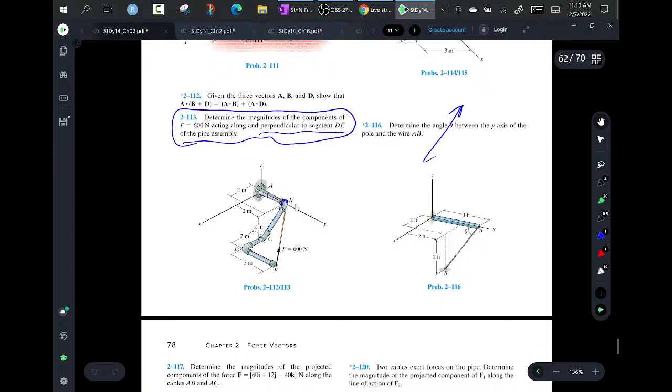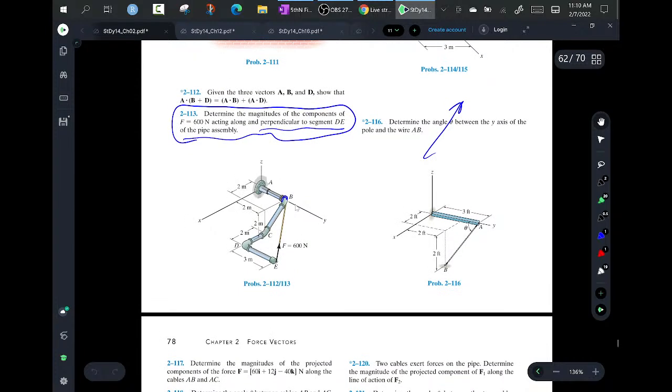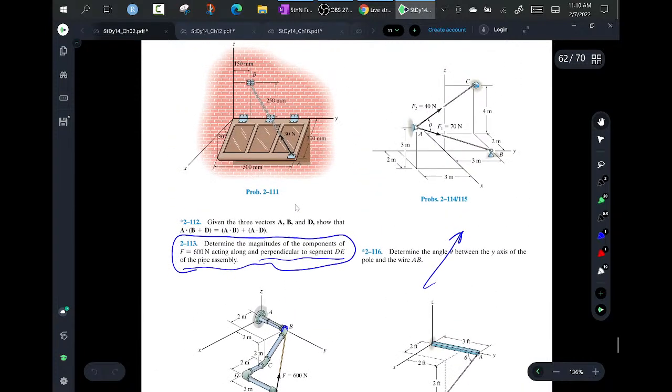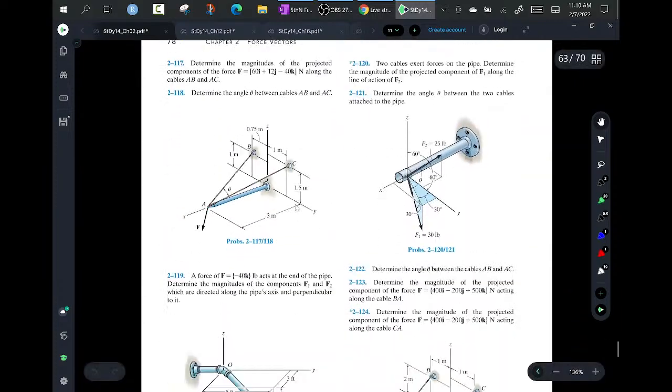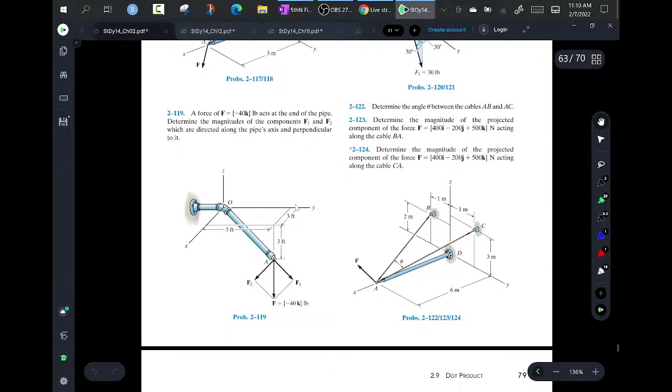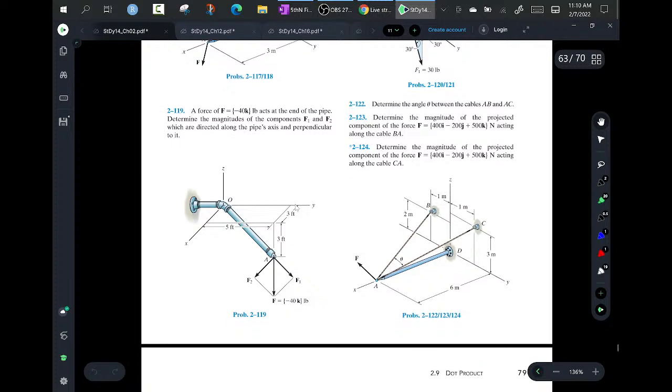I think I worked this one at one point, but there was a new one right there. Okay, determine the magnitude of a projected component acting along the cable AC. Let's just determine the angles. This is one that has 3 problems with it, so let's just do it.